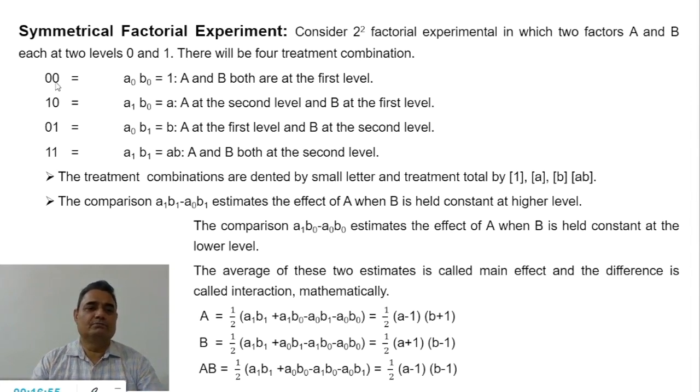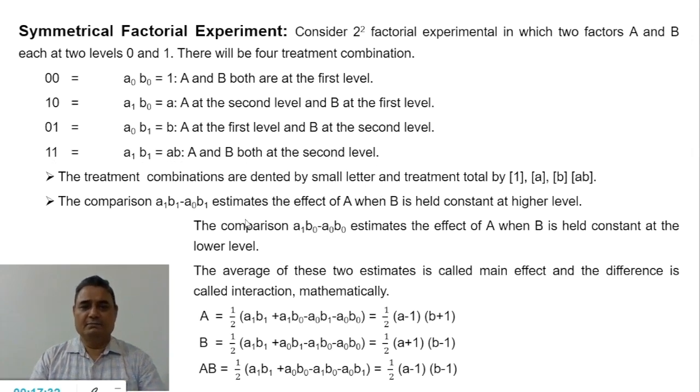This is 0 0, so A0 B0, symbolically written as 1, means A and B both are at the first level. 1 0, A1 B0, is represented by a, A at second level and B at first level. 0 1, A0 B1, is represented by b, A at first level and B at second level. 1 1, A1 B1, is represented by ab, both the factors at second level.